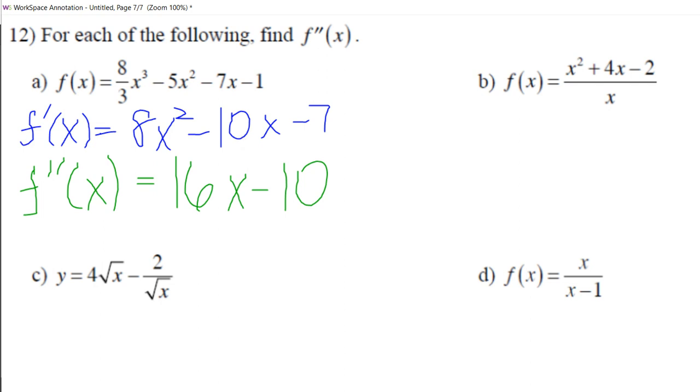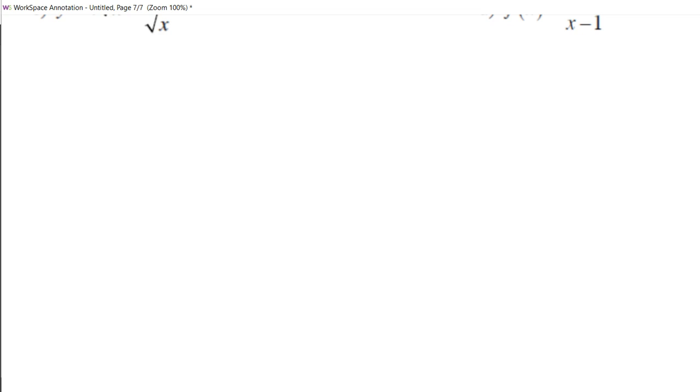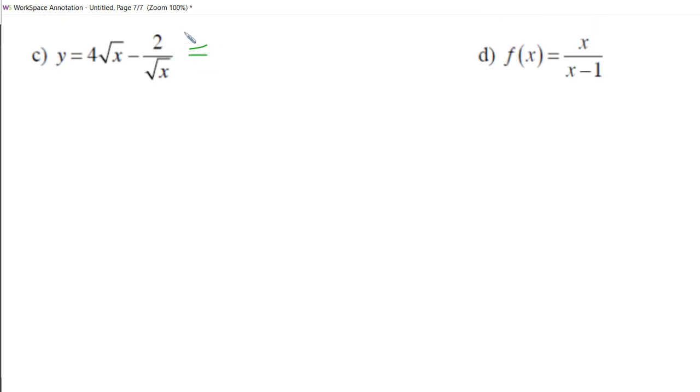Now let's try part C. Before I take the derivative right away, I'm going to make it easier to differentiate. So it's the same thing as 4x to the 1 over 2 minus 2. I'm going to bring the square root up and make it an exponent instead of a root.